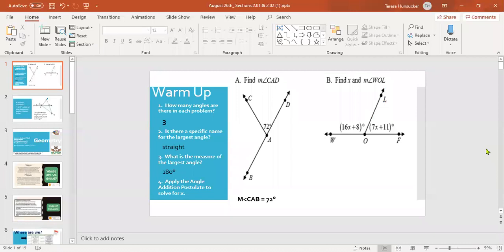The 2 smaller angles will sum to 180 degrees because each of them has a ray whose endpoint is on a straight angle. So together, the 2 smaller angles will sum to the measure of the straight angle, which is 180 degrees. So with that said, let me see if I can annotate a little bit.